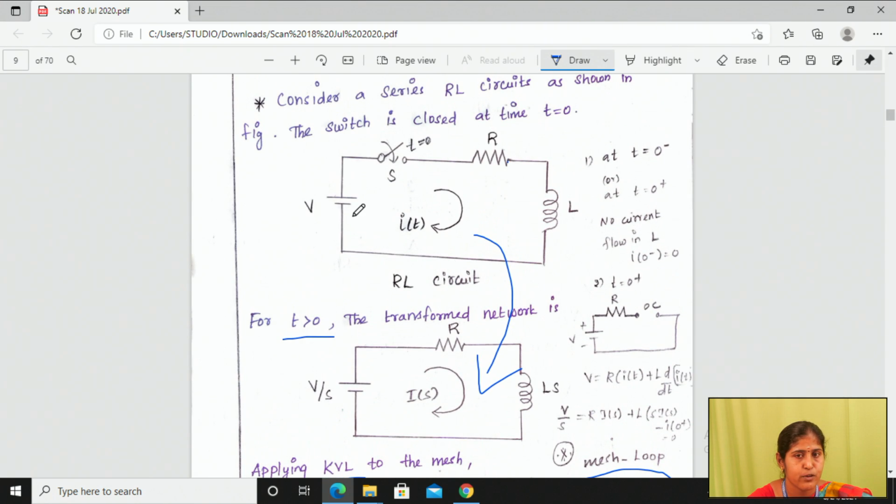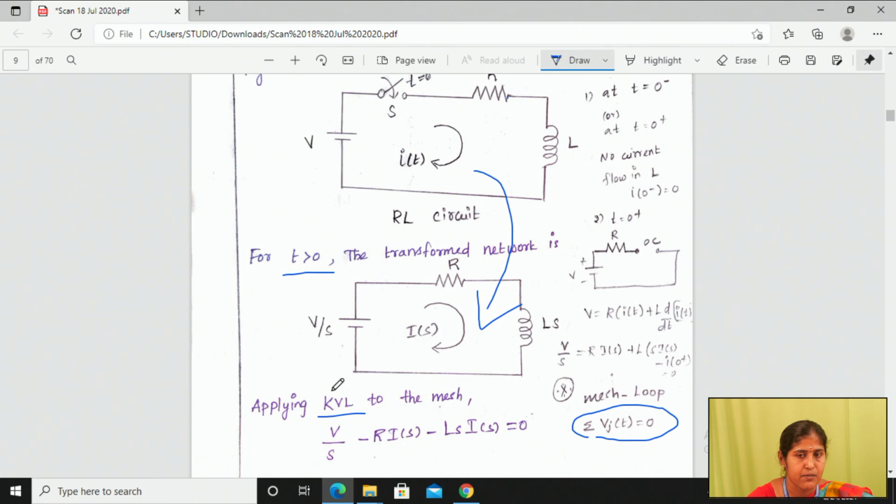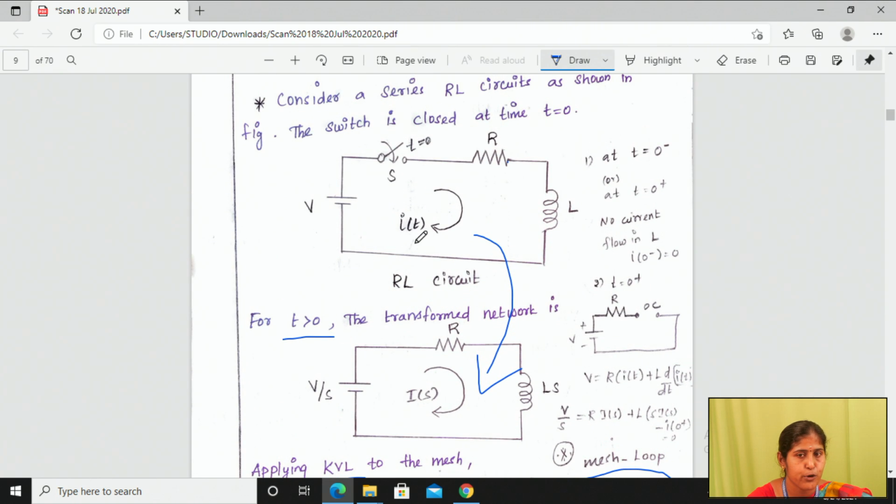Because in many cases the given network is complex, and we have to analyze it. So before applying KVL, this is the important case, you have to redraw the given time domain circuit into frequency domain.